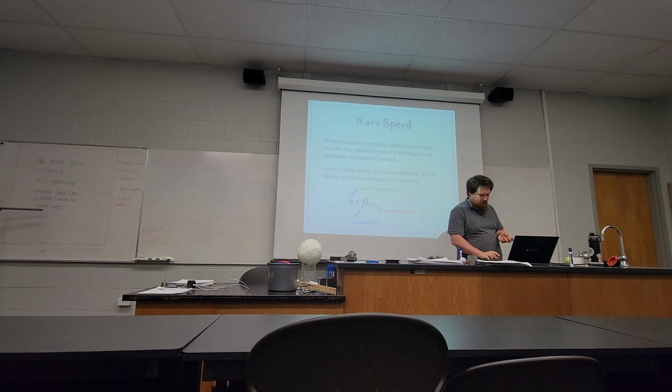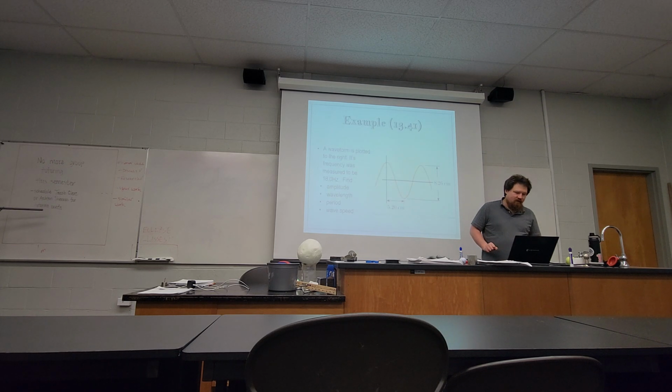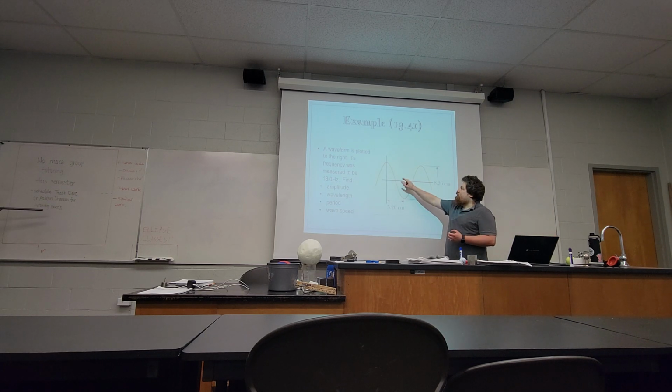All right. First up then, let us examine this waveform. We have this sine curve that represents the motion of a wave as it is traveling. We've got our first crest here at 0, and as time moves on, the wave physically proceeds in this direction.